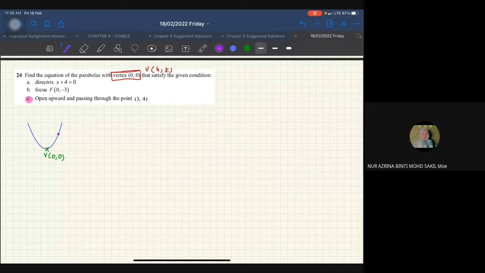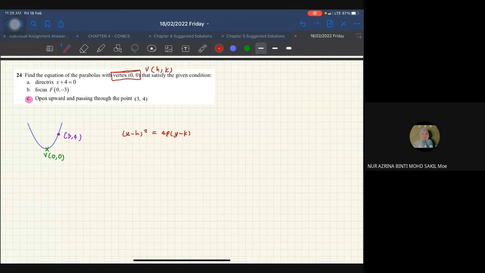So 3, 4 somewhere here. Okay, so daripada sini kita tahu kita punya equation is x minus h square equal to 4p y minus k.